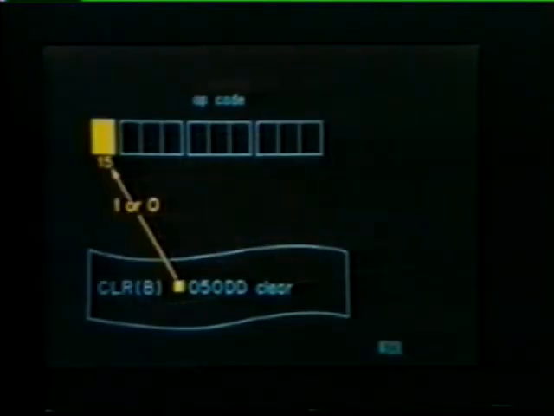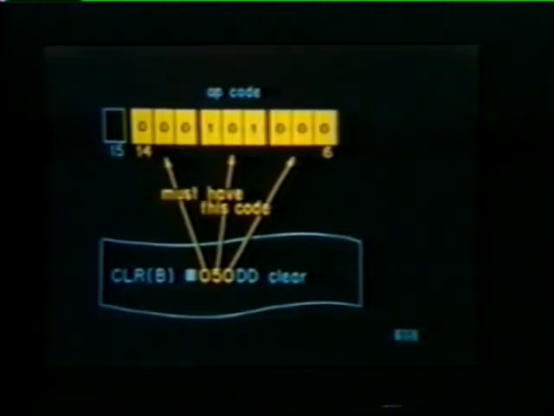We'd like to take just a moment to explain the format used on this card. The black square on the instruction card indicates that this particular bit, bit 15, may be either a 1 or a 0. In other words, you have the option of selecting a word or byte operation. The next 3 octal digits indicate the opcode for the specific instruction.